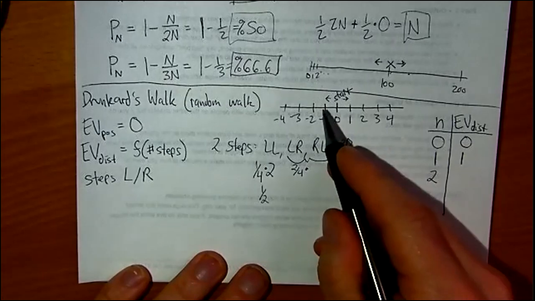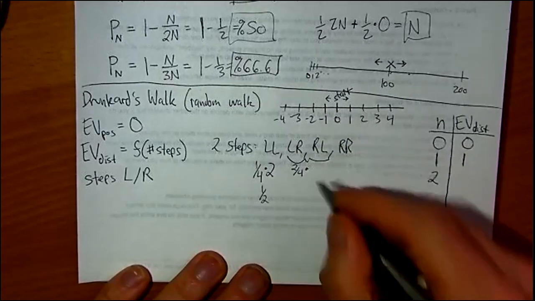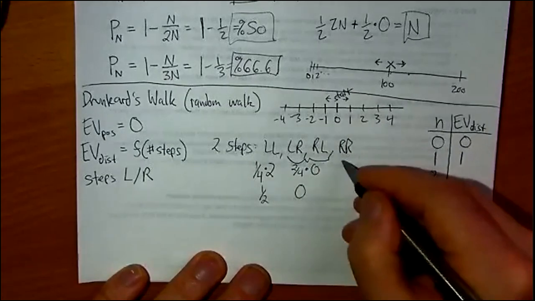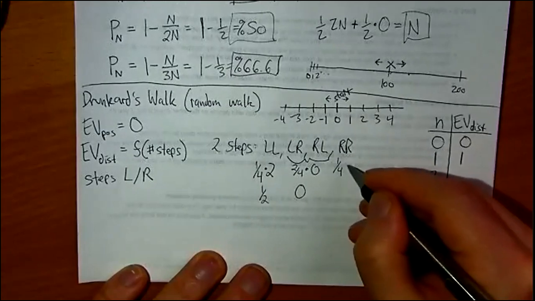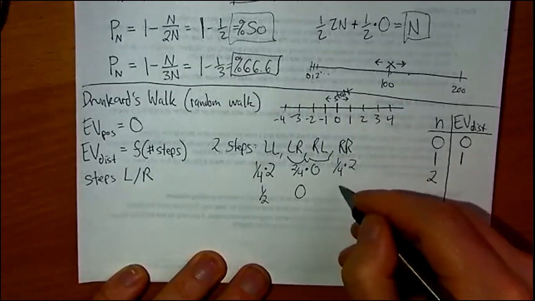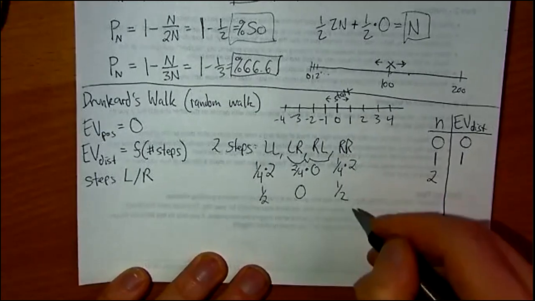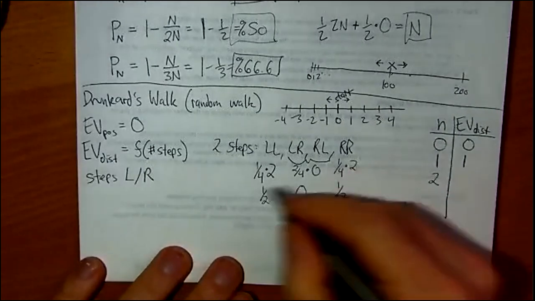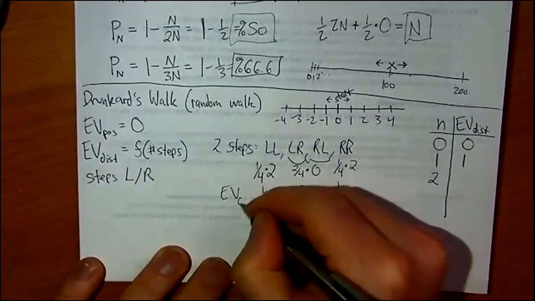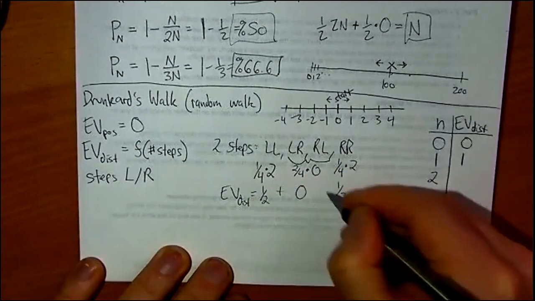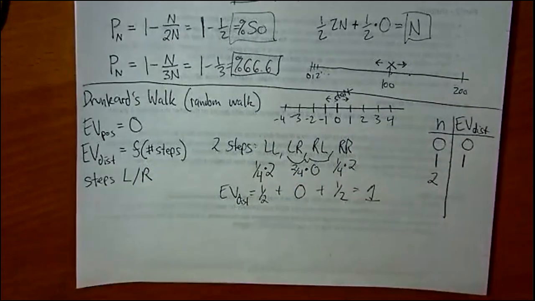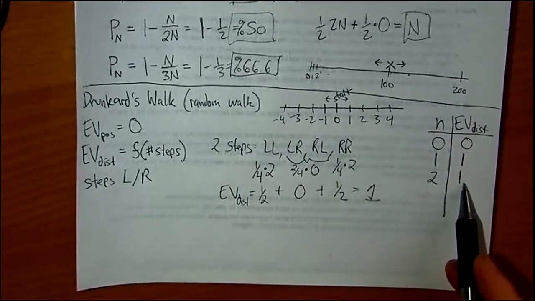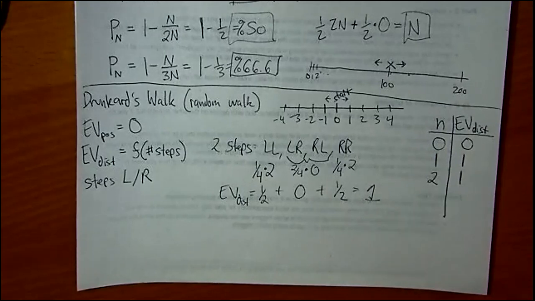So if I go left and then right, or right and then left, that's times 0. So this guy gives me an EV of 0. And right, well, that's a 1 out of 4 chance, again times a distance of 2 from the origin, which gives me an expected value of, again, 1/2. And of course, for the total EV, I add these up, which is 1. So after 2 steps, my expected value of my distance from the origin is still 1.